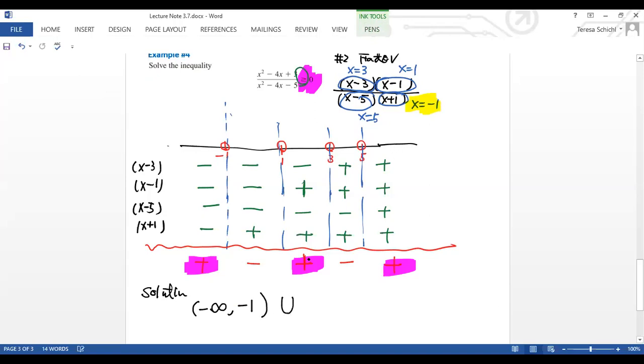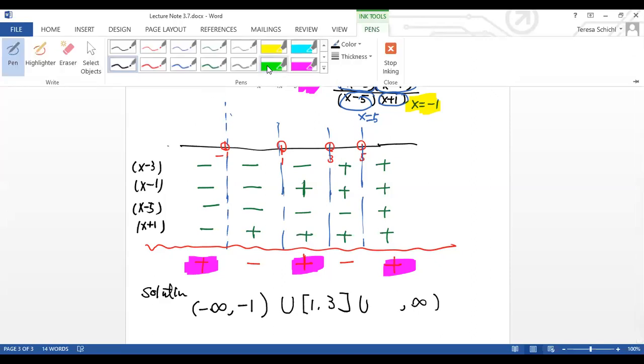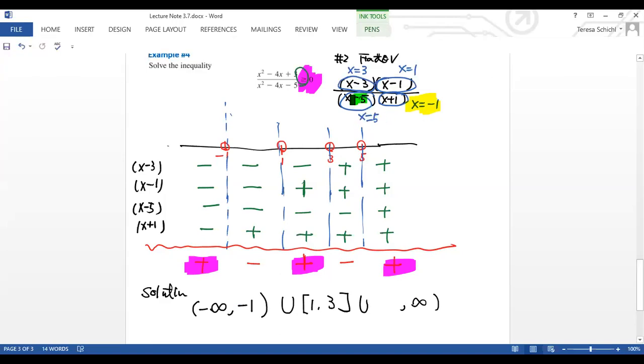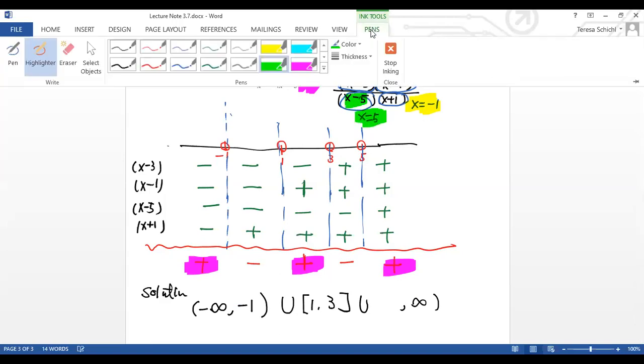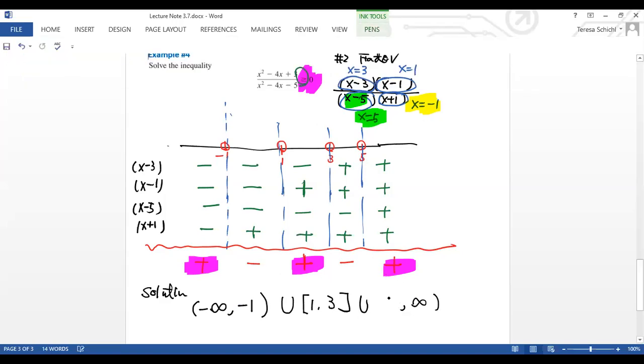And the union, this interval, 1 to 3. Both of them are on the top, that's good, so for both of them I can put a bracket. Then the last interval is a union, from 5 to positive infinity. Can I put a bracket at 5? This 5 is on the denominator, so I cannot have a bracket; the 5 goes in a parenthesis.